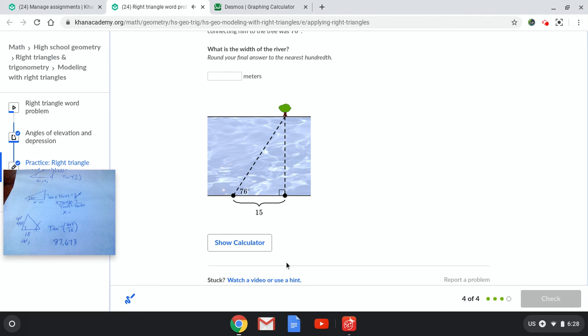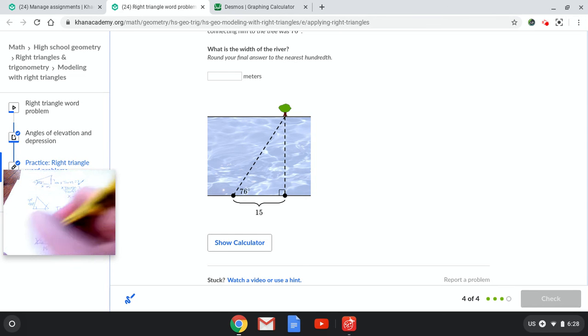Okay, and then this question here. What's the width of the river? So they're wanting us to find this here. The perpendicular width. So if you draw that one. 76 and 15, opposite, adjacent. I don't know why they're wearing out tan here, but they are. Multiply by 15. 15 tan 76.